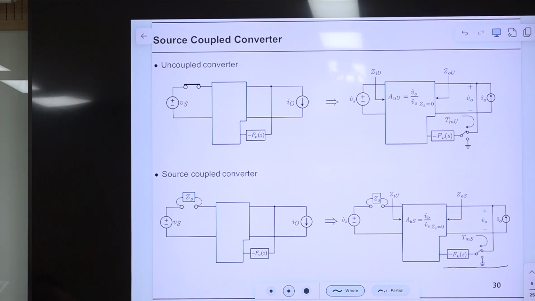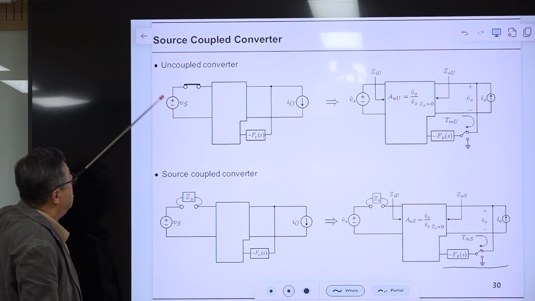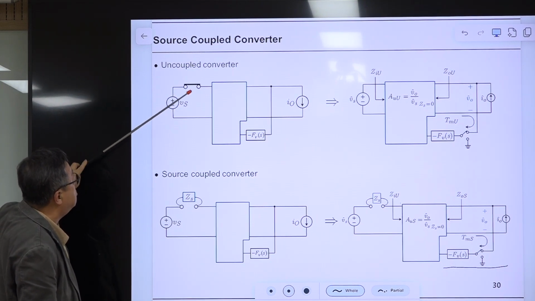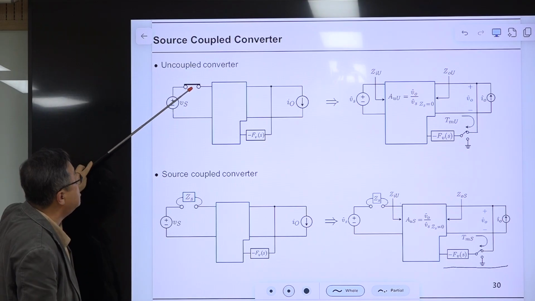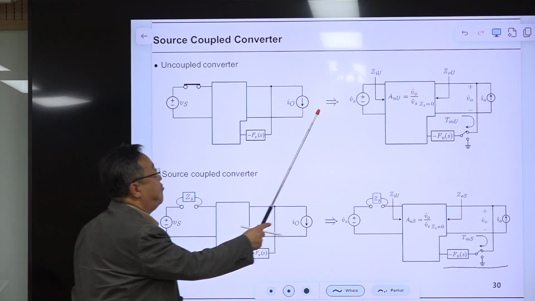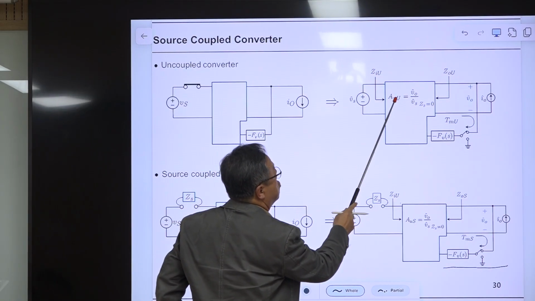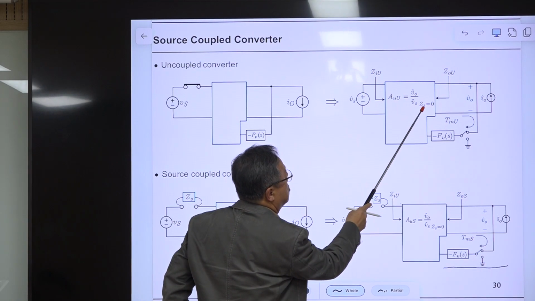Application. One simple, obvious application is the source coupled converter. So this is the uncoupled converter. This is a current sink, and this input is an ideal voltage source with 0 source impedance. This is the uncoupled converter, and with this we define this GIU, GOU, GUU. GS is 0.